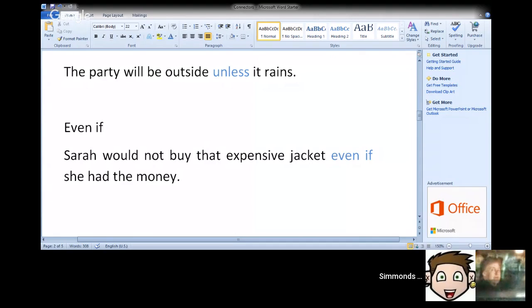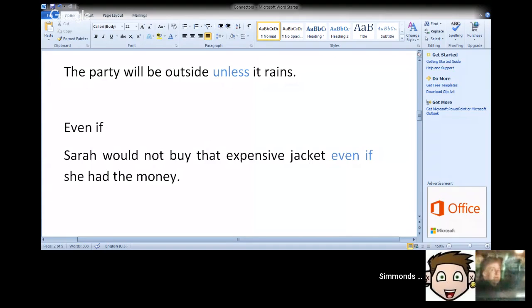Another kind of conditional. This one, isn't it? I didn't think about that. Even if... hold on. Sarah would not buy that expensive jacket if she had the money. Not exactly. As far as the conditional, I can see where you're going with that. Well, it would be the second conditional.